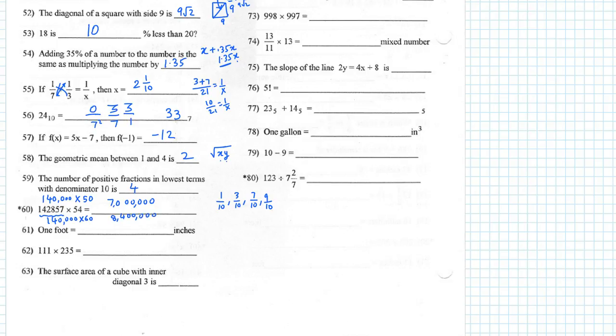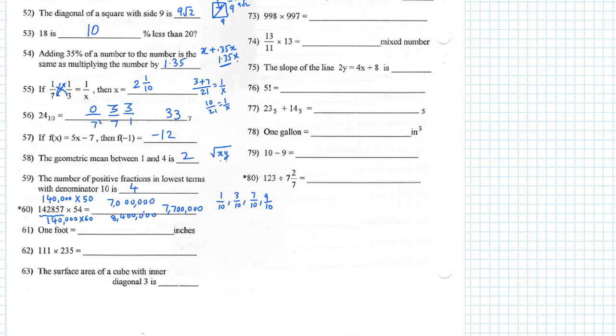So the answer has to be somewhere in between. The difference between these is 1.4 million. So I'm going to add 700,000 to this number. So I'm going to write 7,700,000 as the answer.